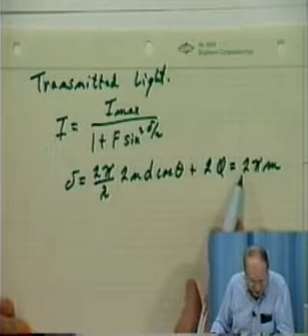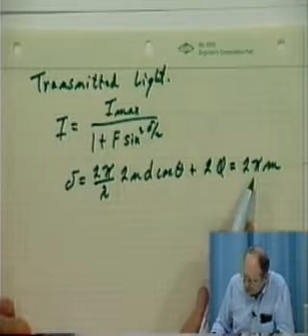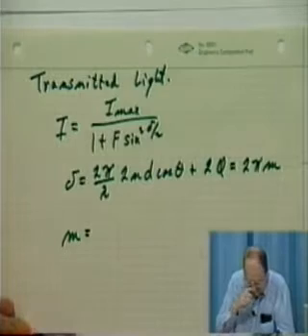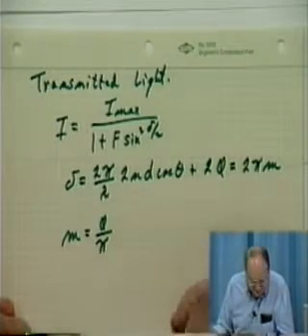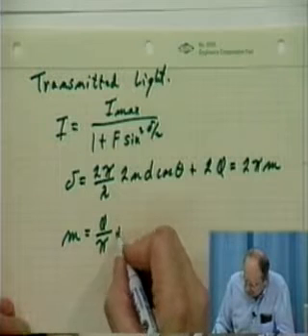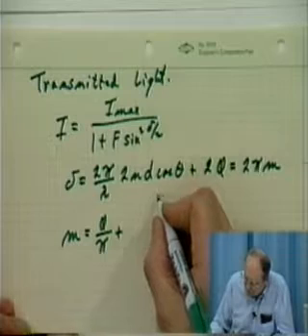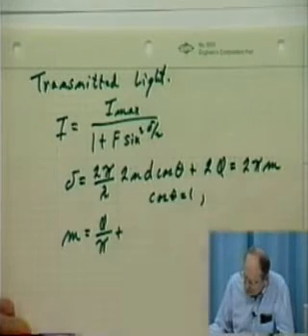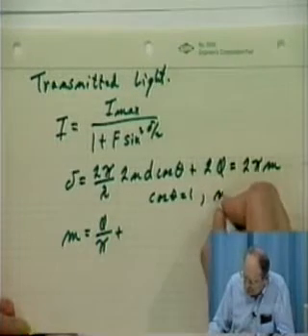So we have this equation here, and let me just divide through by 2 pi. So we have m is equal to phi over pi plus, and let's say we're at normal incidence, so cosine theta is 1, and let's say we just have air in this gap, so n is very close to 1.